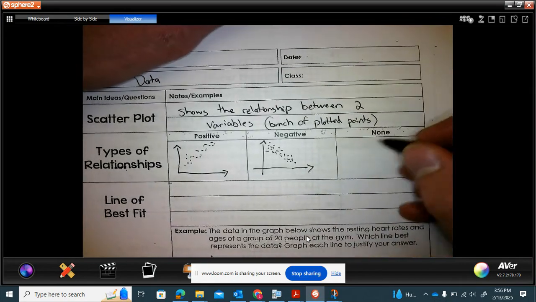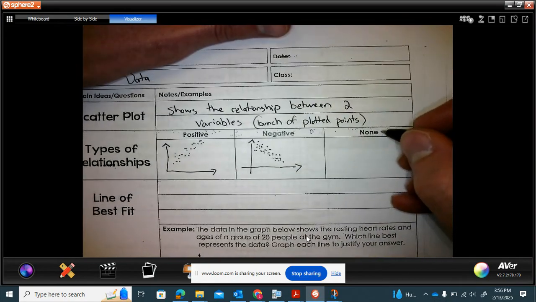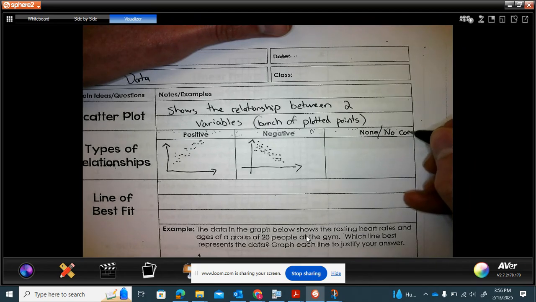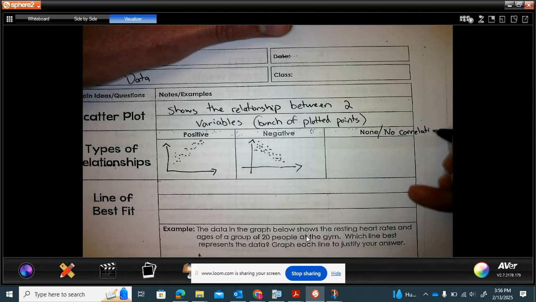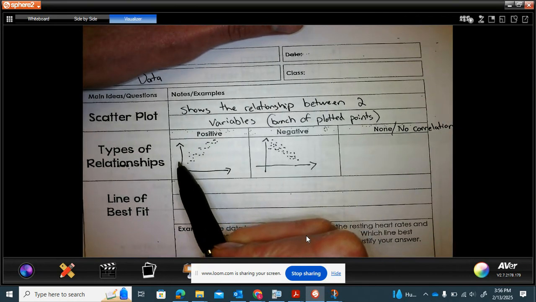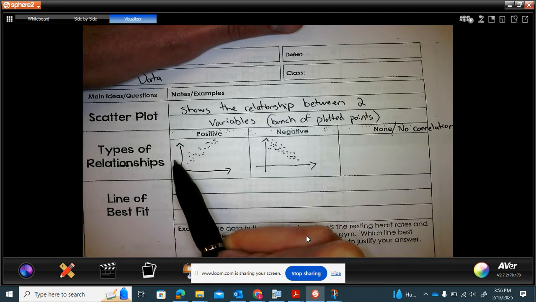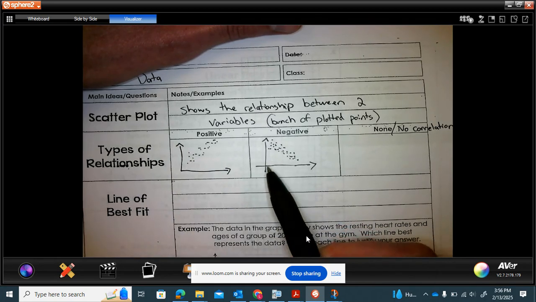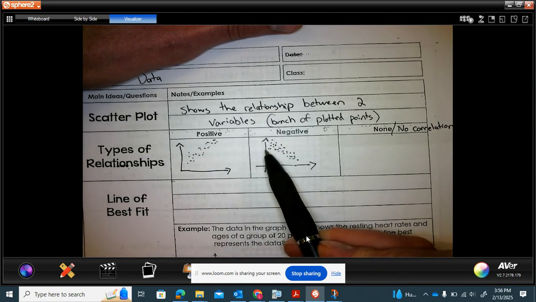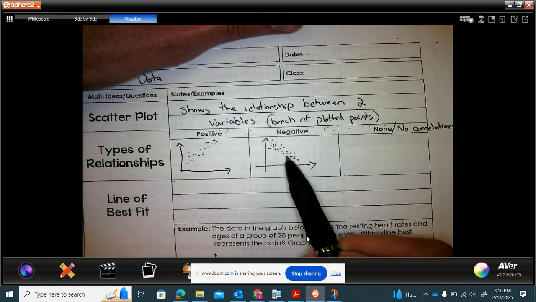And then the one where it says none, you have to know that this also means no correlation. So, for example, there is a positive relationship: as x increases, so does y. For this one, as x increases, y decreases. That's why it's negative.